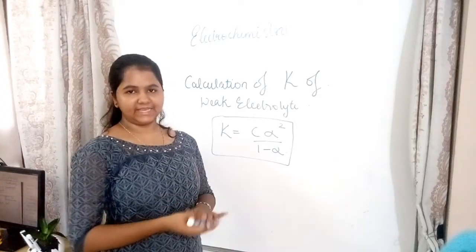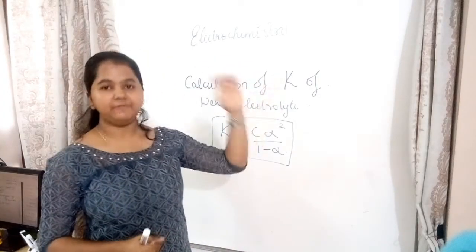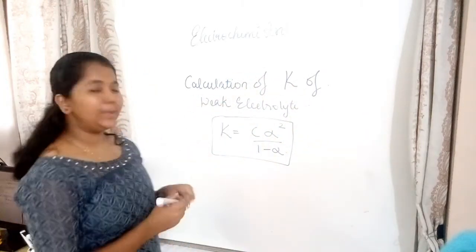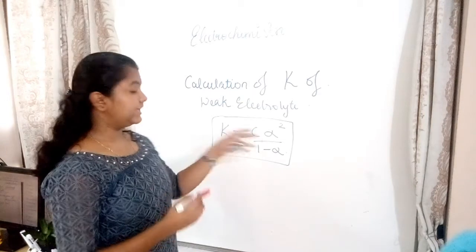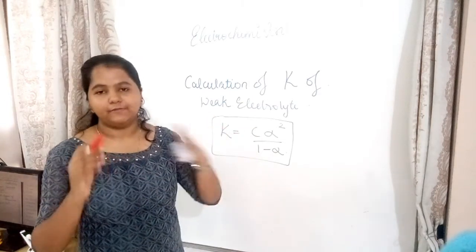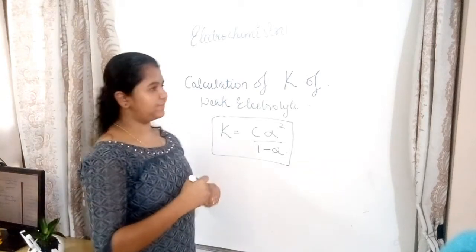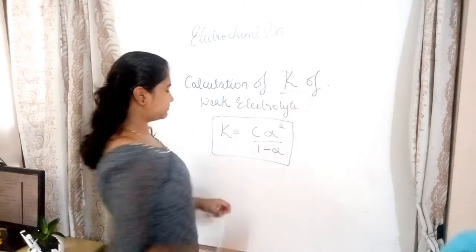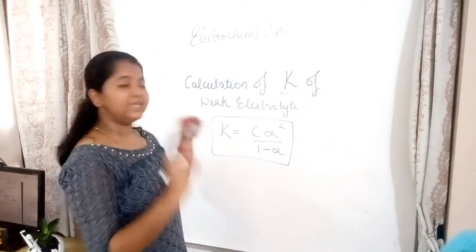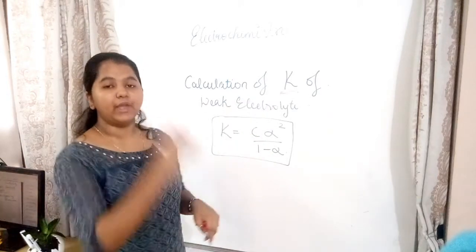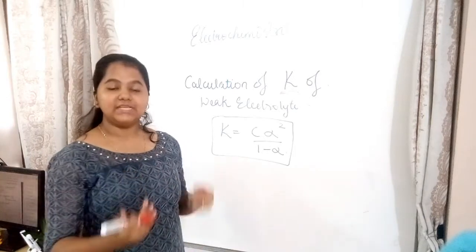The third application is the calculation of K, the dissociation constant of a weak electrolyte. We learned how to find the degree of dissociation and how to find lambda 0 m. So now we will discuss K. K is equal to C alpha square divided by 1 minus alpha. What is C?